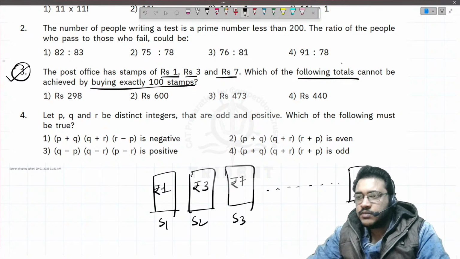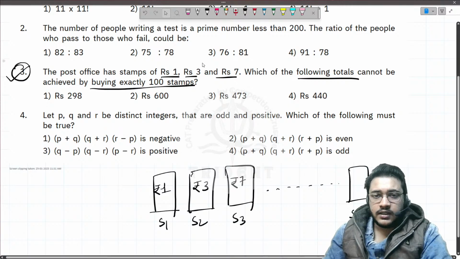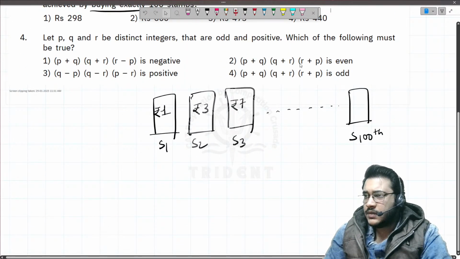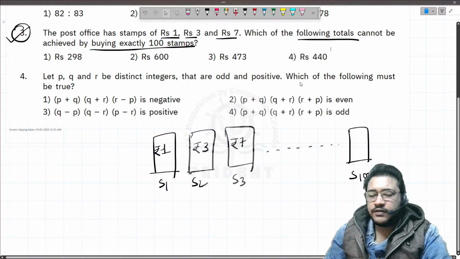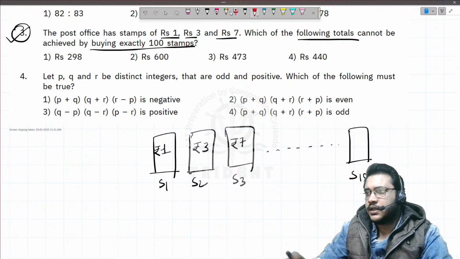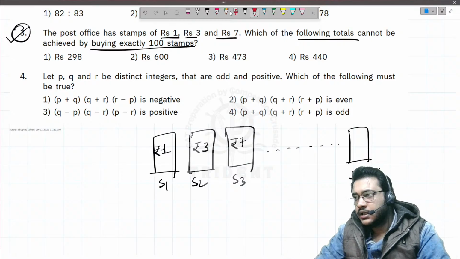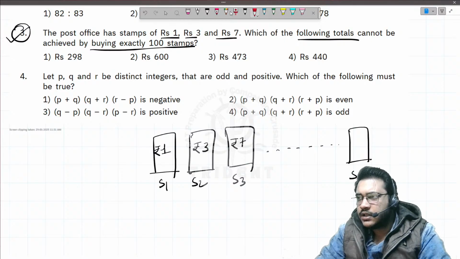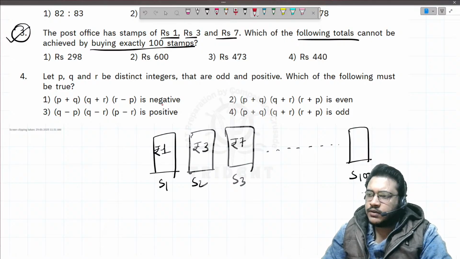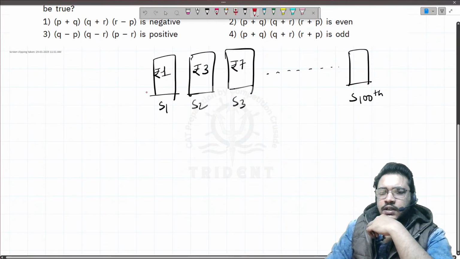At first glance this question may seem difficult to someone, purely because if you're not well versed with the idea of odd-even parity of numbers, how odd numbers behave when they are added in a string, how even numbers behave when they are added in a string. If you are aware of that concept, it is not very difficult. So I would like to give a brief on this, and then probably we can solve this question in a jiffy.